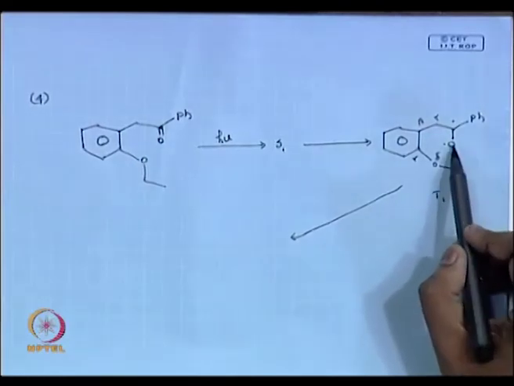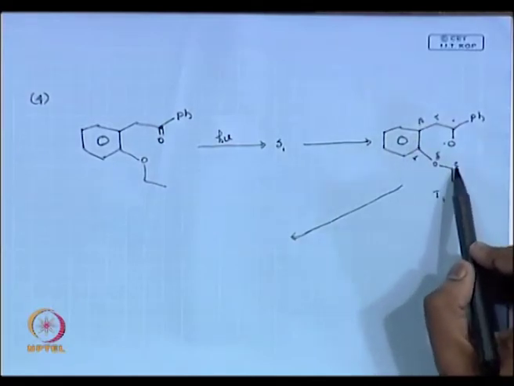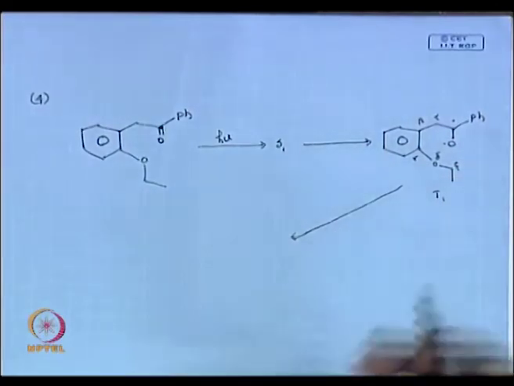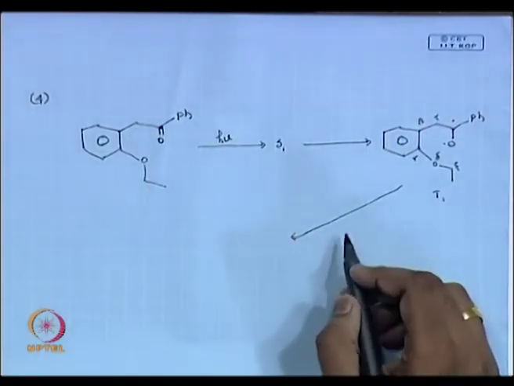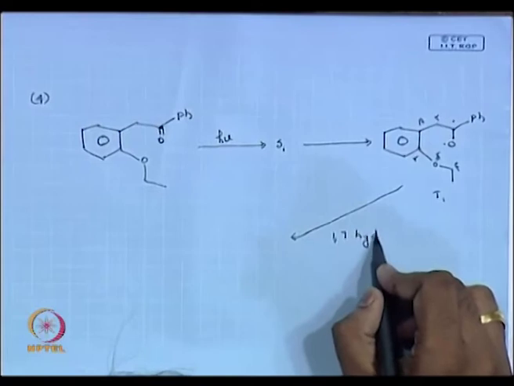You can start from your oxygen number. O dot is your 1. So, 1, 2, 3, 4, 5, 6, 7. So, you can get a nice 1,7 hydrogen abstraction, or you can also call it epsilon hydrogen abstraction. So, it is better you call it 1,7 hydrogen abstraction.